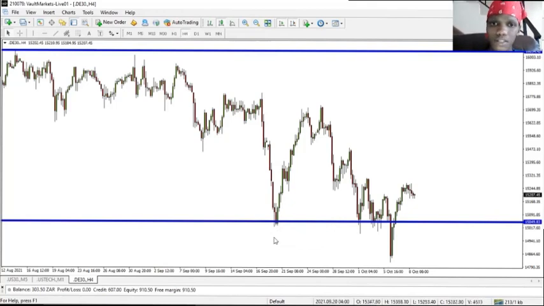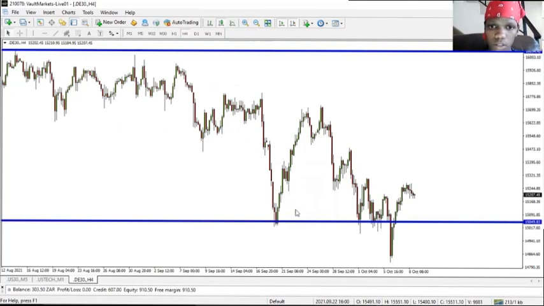So as you can see, no seller was able to survive this. As soon as price broke below this resistance, sellers got in, and then the market shot up massively and people blew accounts. So you should always be careful of this type of fake outs.